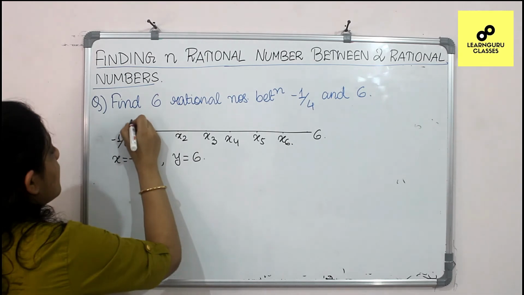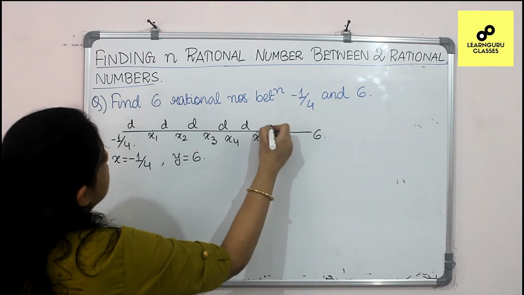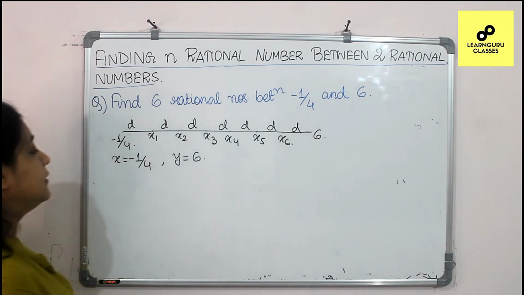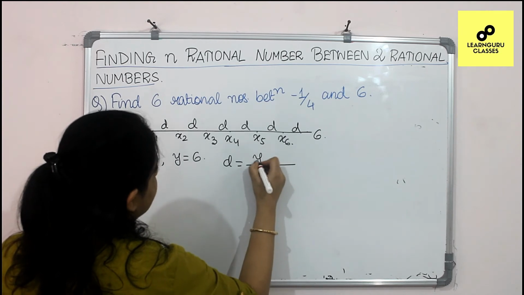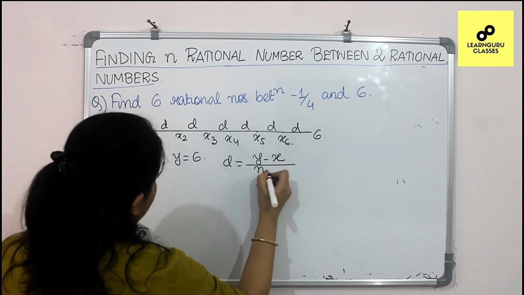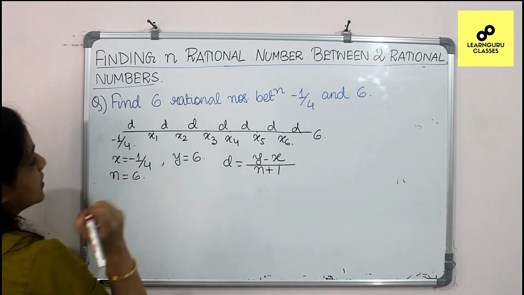All of them are equidistant to one another, at equal distances of d. So how will you calculate d? d equal to y minus x divided by n plus 1. So what is n? n is equal to 6.